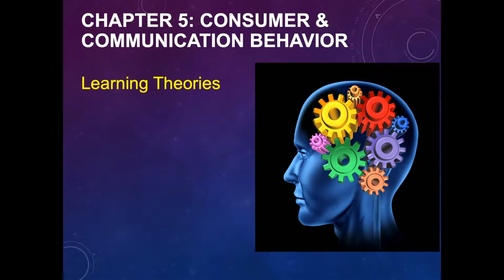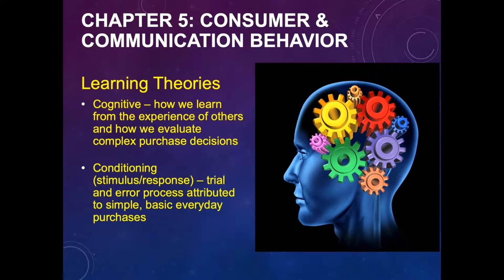Now, there are a lot of learning theories out there, but advertisers classify most of them into two broad categories: cognitive theory and conditioning theory. Cognitive theory views learning as a mental process of memory, thinking, and the rational application of knowledge to practical problems. It's a good description of how we learn from the experience of others and how we evaluate complex purchase decisions.